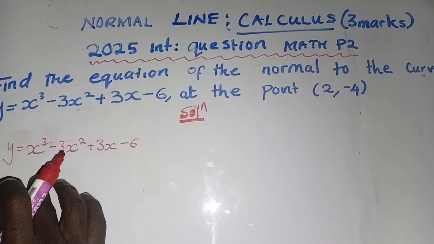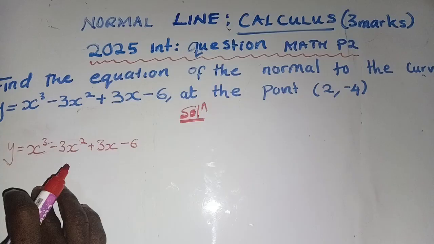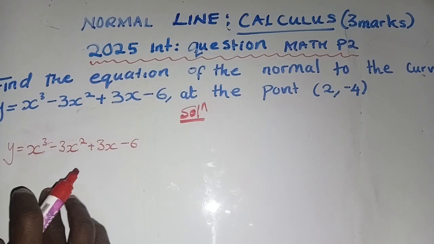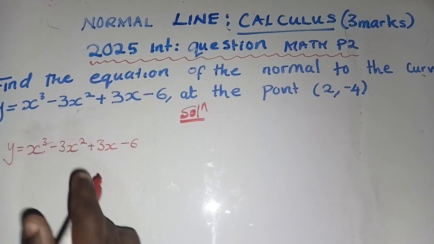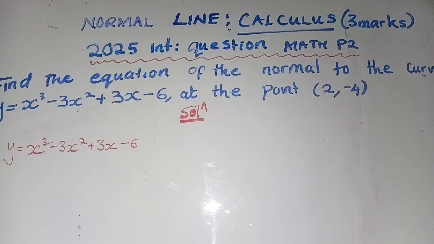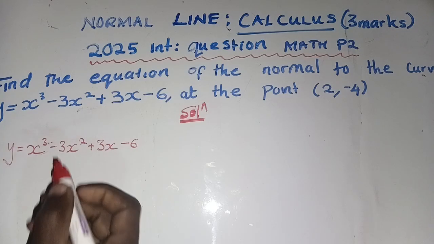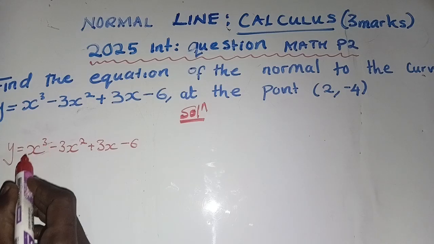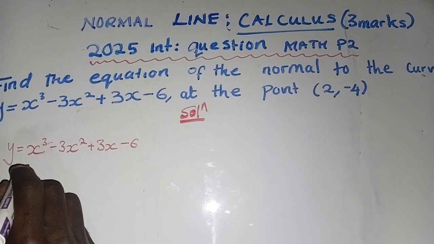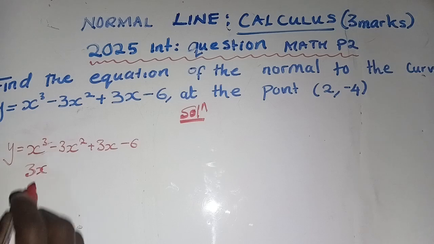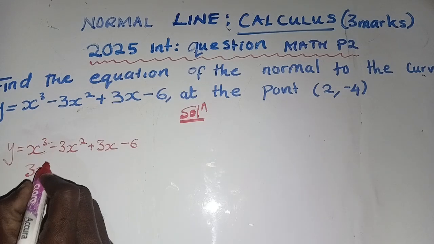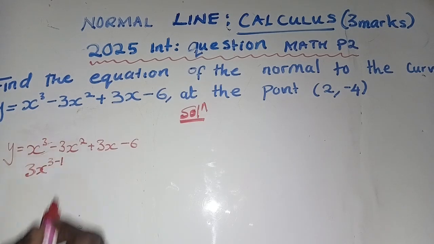Why differentiate it? It's because it falls under differentiation calculus, where you are required to multiply by the power, then subtract 1 from the power. So we say 3 times 1, with respect to 3x, then 3 minus 1.